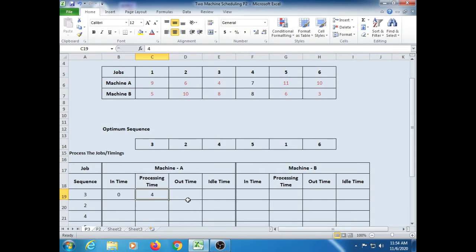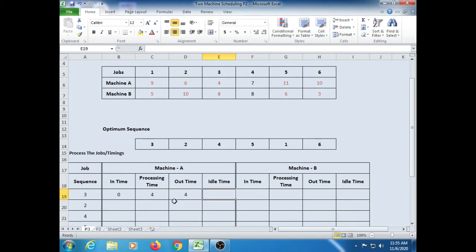4 minutes or 4 hours, in the problem they didn't give the hours or minutes, they didn't give the time. So whatever we use, no problem. I am using hours. Okay, so for 4 hours we have to process on machine A. After 4 hours the third job comes out from machine A at 4 hours only.